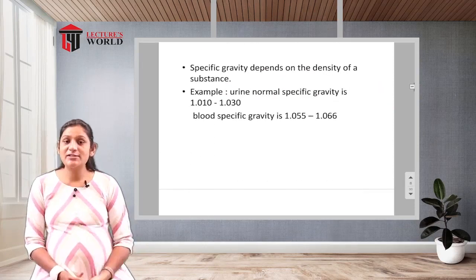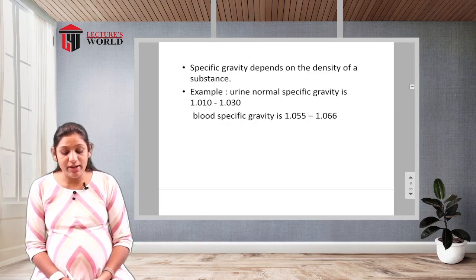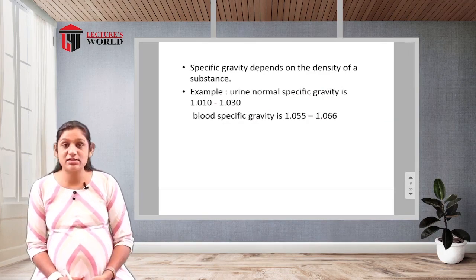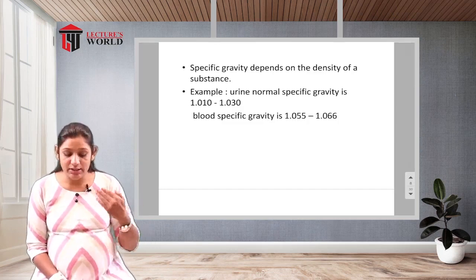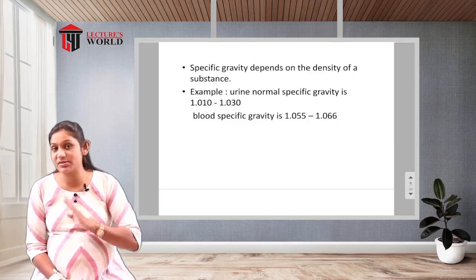Next, specific gravity depends on the density of a substance.